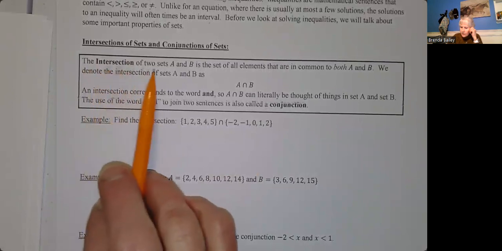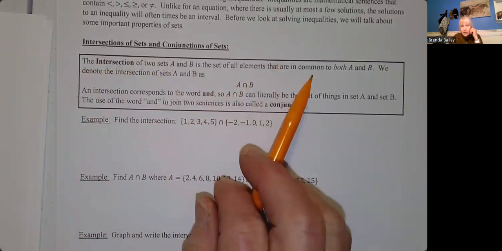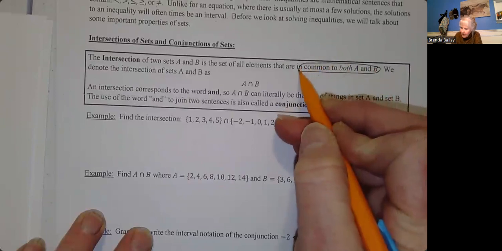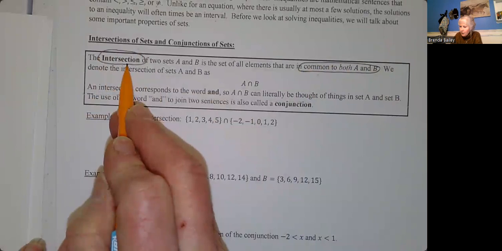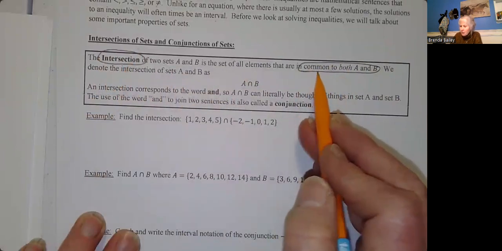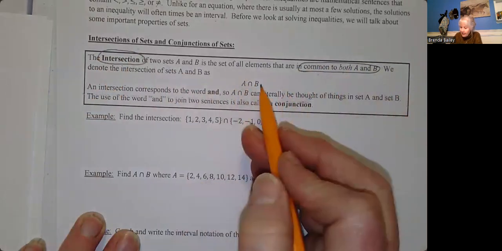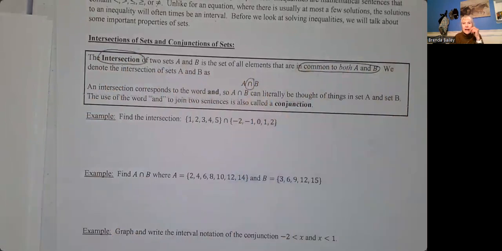So the intersection of two sets, A and B, is the set of all elements that are in common to both A and B. This terminology is important: when you find the intersection, you're finding out what's in common to both sets A and B. The symbol we use for an intersection is this kind of upside down U. If you ever need this in Pearson, it'll show up down below in one of the boxes for you to click on.